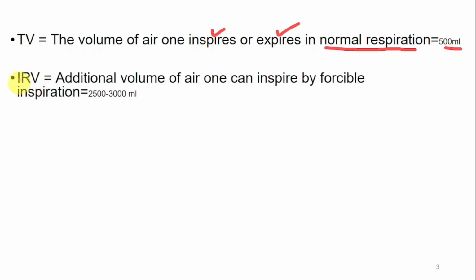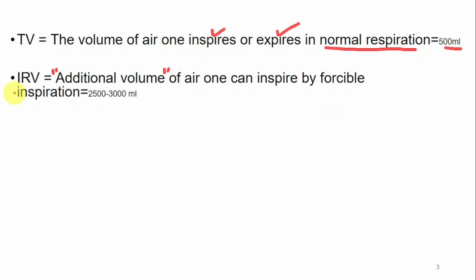Next one, IRV. What is the full form of IRV? Inspiratory reserve volume. So the definition is additional volume. This is the highlight. It is additional volume of air one can inspire after forcible inspiration. So, inspiration and forcible inspiration.